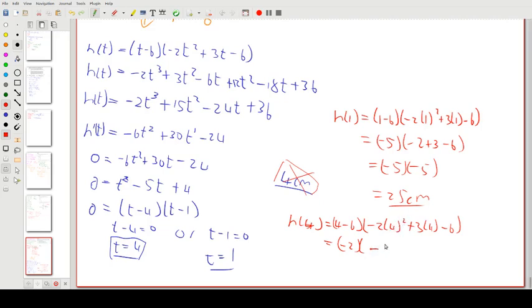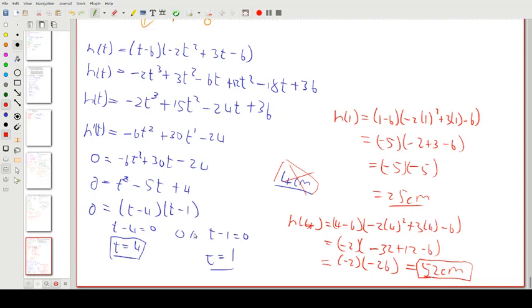So that is negative 32 plus 12 minus 6. And we get negative 2 times, so negative 32 minus 6, negative 38 plus 12 is negative 26. And negative 2 times negative 26 is 52 centimeters. So that is the biggest one, and that is our final answer.